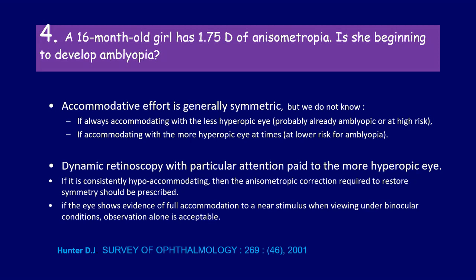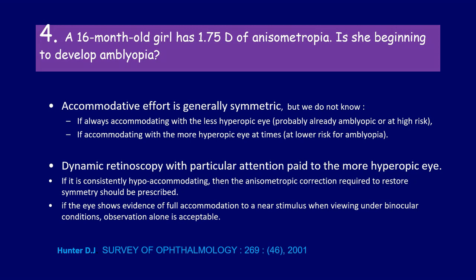We know that accommodative error is generally symmetrical, but we don't know if this patient is always accommodating with the less hyperopic eye. If so, then probably there is amblyopia or the amblyopia is at high risk to occur, while if accommodating with the more hyperopic eye all the time, then the risk of amblyopia is low.